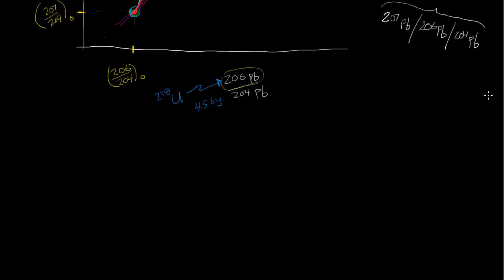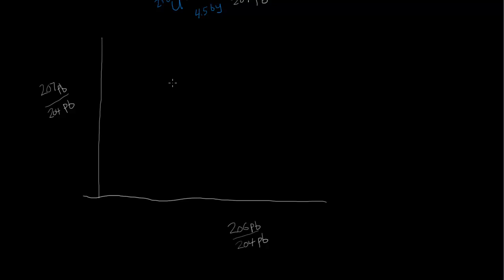This is really clever. Patterson actually plotted the composition of real meteorites. Here, once again, is our lead-lead isochron diagram. And the first really clever thing he did was he found a meteorite that was an iron meteorite. That is, it came from the core.